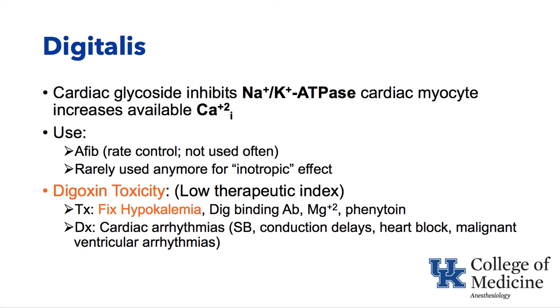One of the first things that you should do when you suspect digoxin toxicity, i.e. EKG changes and dysrhythmias, is look at your potassium level and make sure that you fix hypokalemia. There are digoxin-binding antibodies that can be utilized, magnesium administered, as well as phenytoin to treat digoxin toxicity.